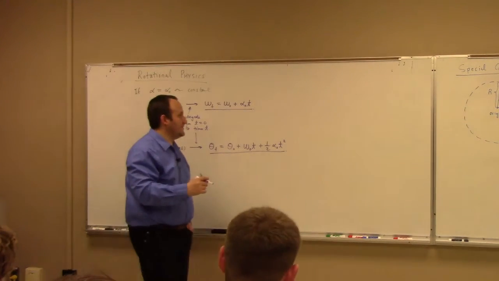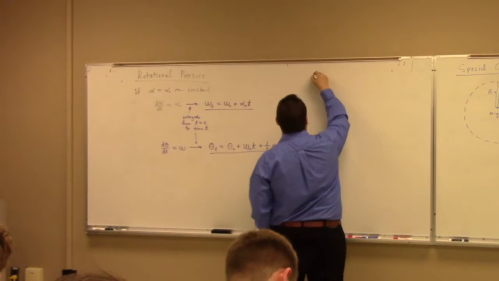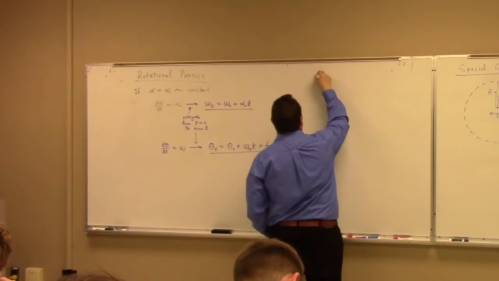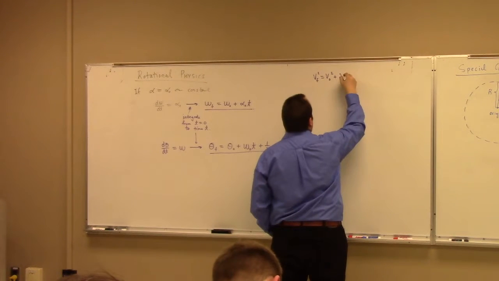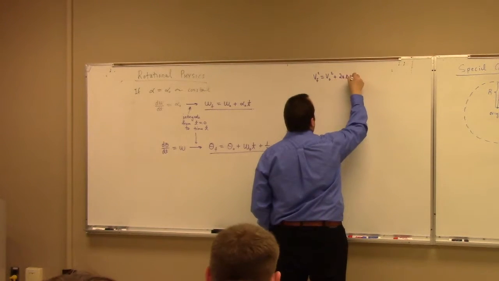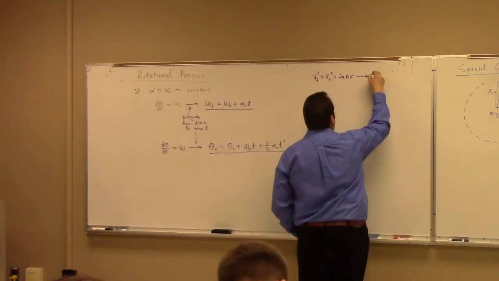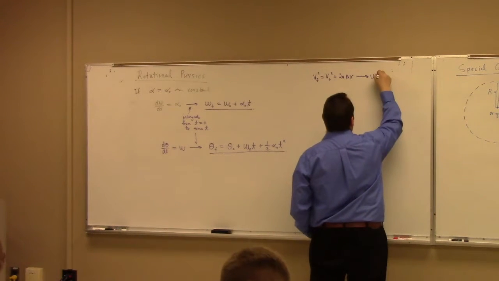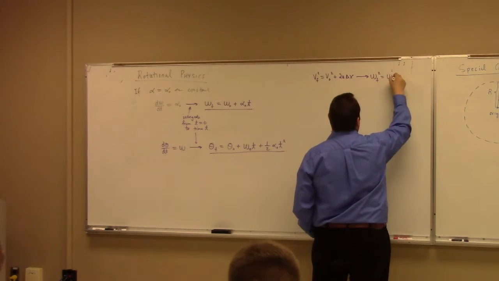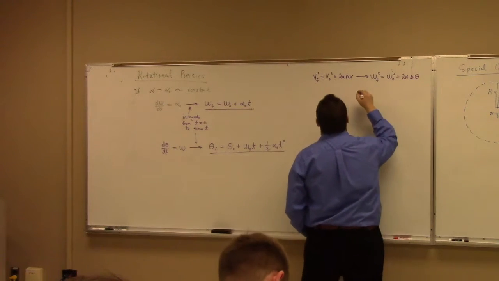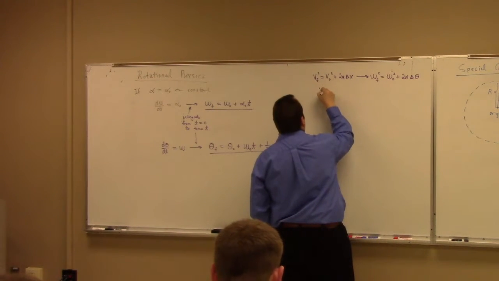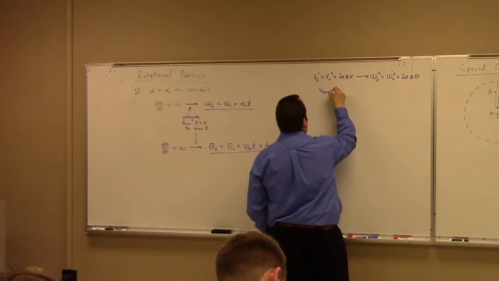The timeless equation, right? So I'll transform these by analogy. Vf squared equals v naught squared plus 2a delta x. That translates into omega f squared equals omega naught squared plus 2 alpha, change in theta. You also have the v average formula.